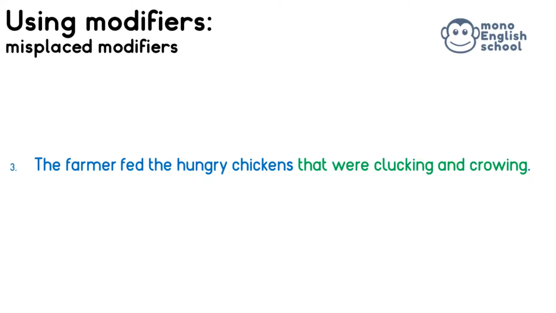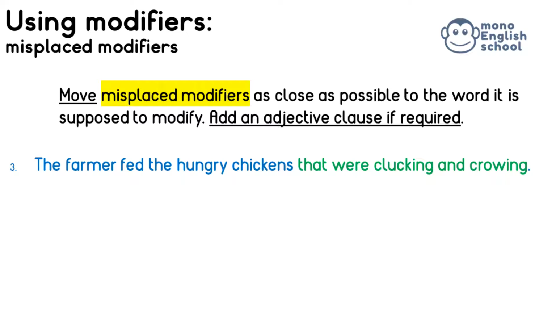To position the modifier correctly, we have created the adjective clause that were clucking and crowing. So, we can amend the previously established rule. Add an adjective clause if required. Time for another comprehension check.